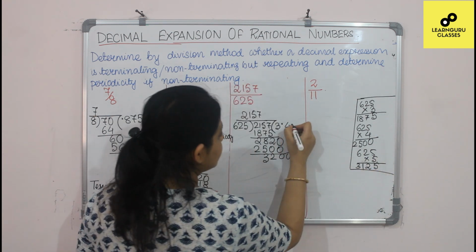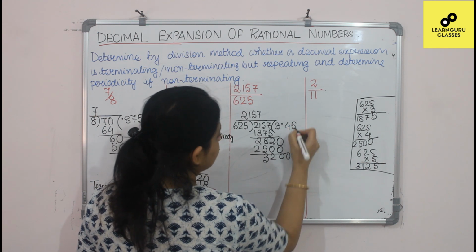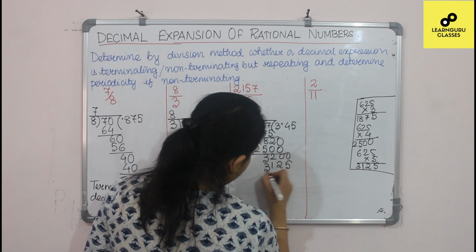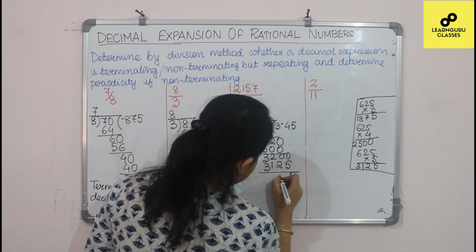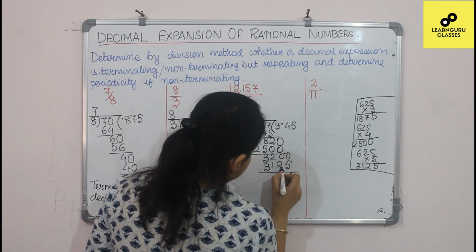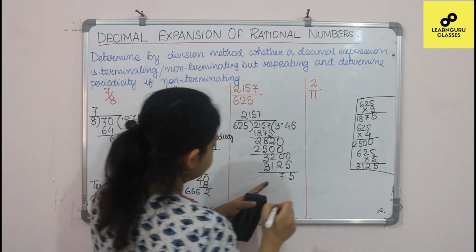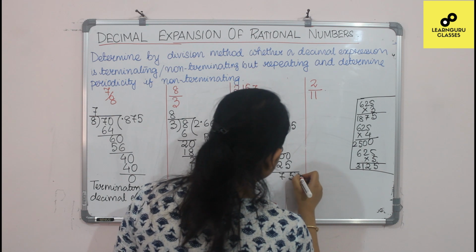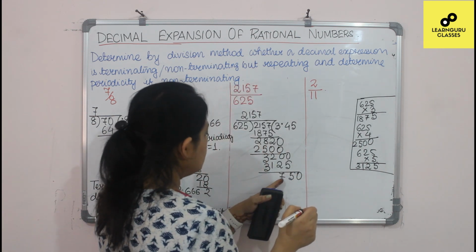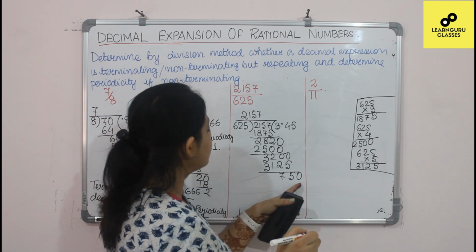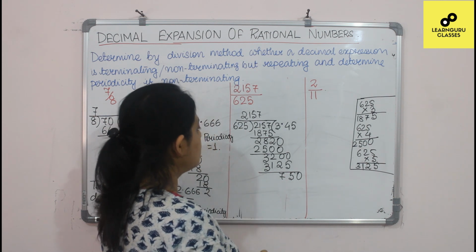These calculations I am not explaining to you, I am just doing them by myself. You check it. Since 75 is less than 625, you have to put a 0 over here.